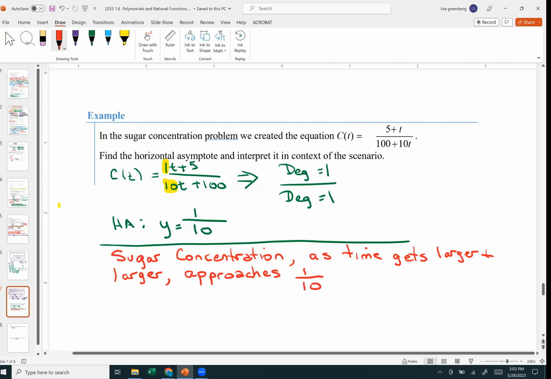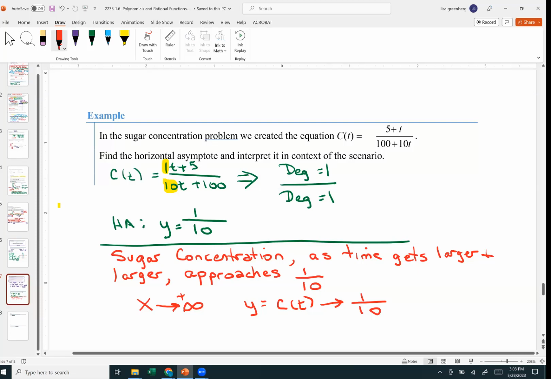So as x goes to positive infinity, since we're talking about time, we're not going to talk about negative infinity, my y value, which is the same as the concentration of the sugar, goes to 1/10. And that's basically what this means.